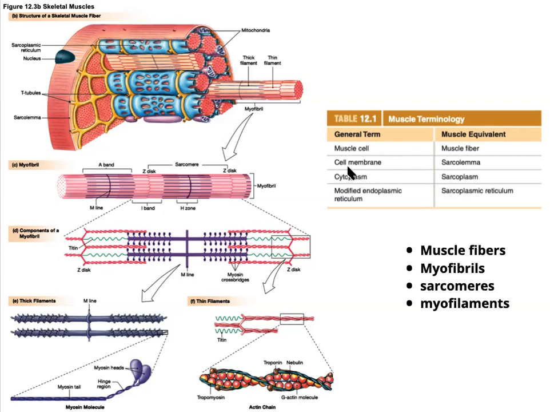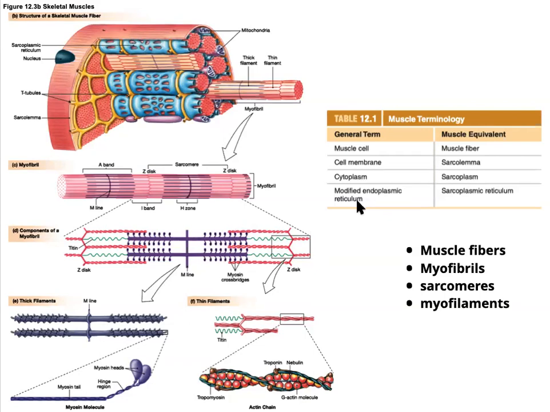And then for the skeletal muscle cell membrane, we have a special term for it called sarcolemma, where skeletal muscle cell's cytoplasm is also called sarcoplasm.